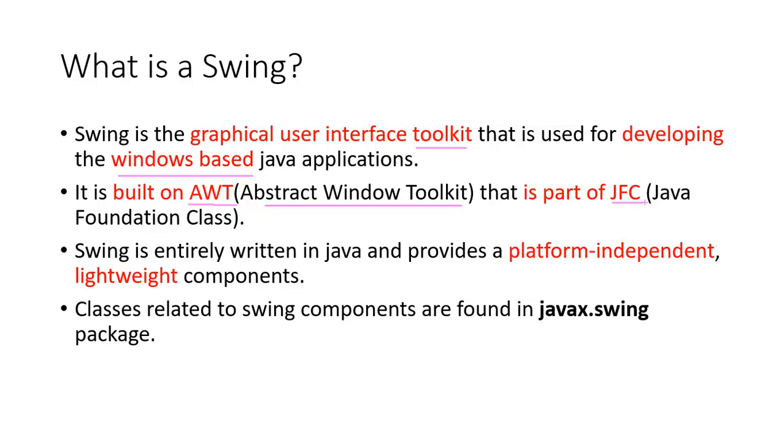So why do we have to use Swing? One of the problems with the AWT was that it was dependent on the platform on which your application was running. So if you were building an applet running on top of Windows, let's say, all the components were directly dependent on the platform.